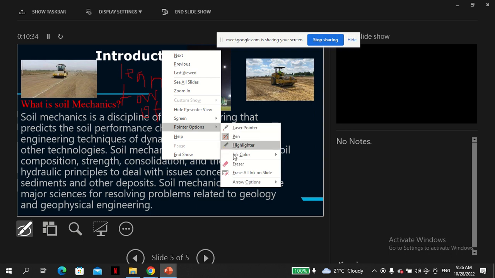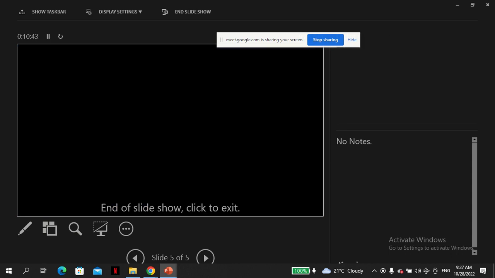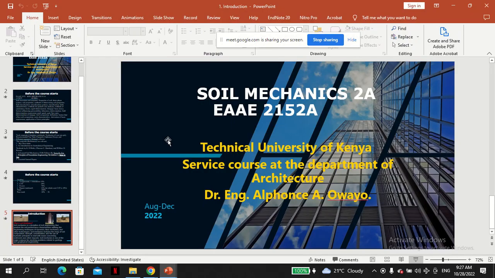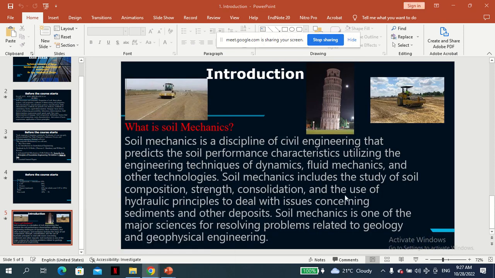The other issues in road construction, all those are soil mechanics issues. Unless there's a question.